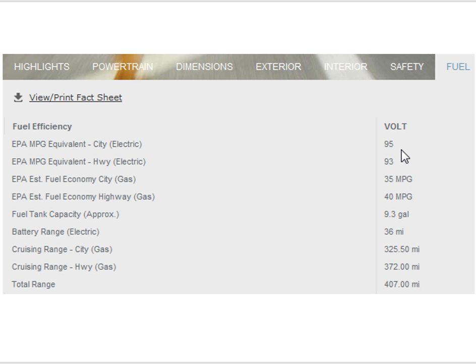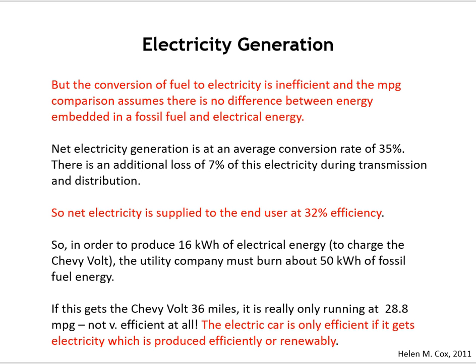However, the main thing to remember here is that if you are plugging in your electric car, well, hybrid you won't plug in, but electric cars to a grid, right? And this goes back to the earlier story. If you're plugging into a conventional electricity grid, you bring your electric car home and you plug it into your socket at home, if most of the energy in your home is coming from coal, right?